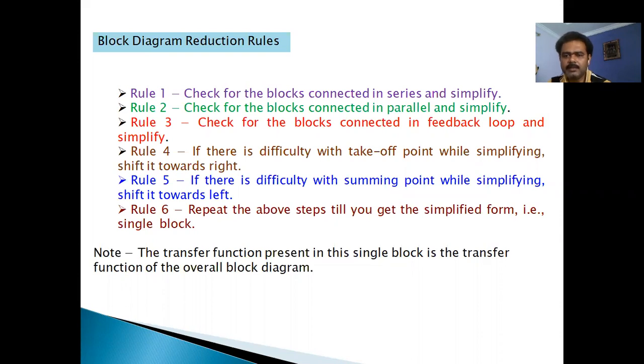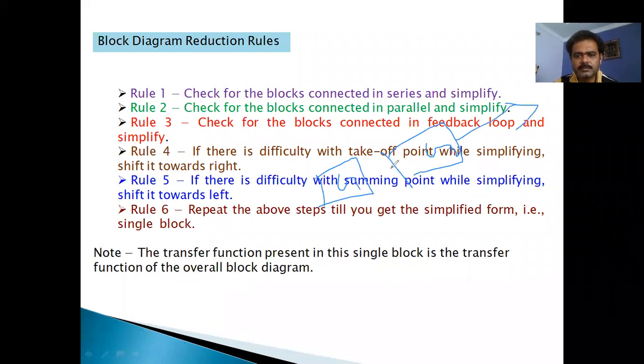For example, if there are blocks G1, G2, and something like this, a summing point, and a takeoff point here, connected with some H1, H2, and so on.